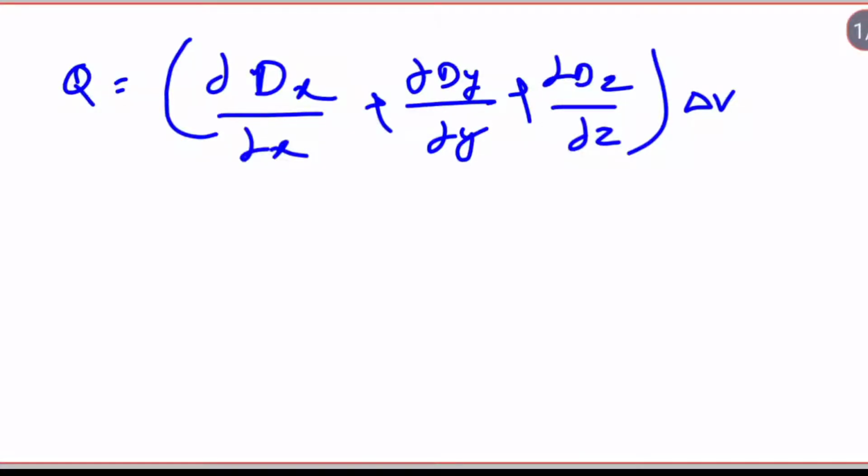This we obtained previously, where delta V is delta x, delta y, delta z, the product of three coordinates, a small length we assumed. Let us make it equation number 1.